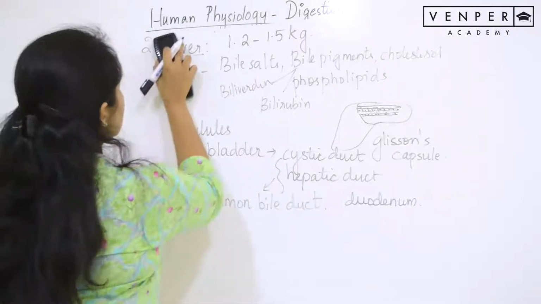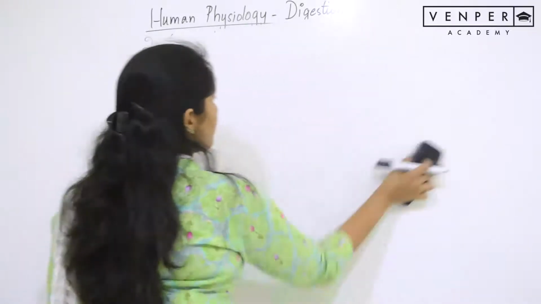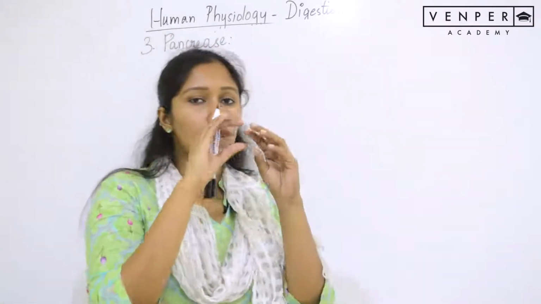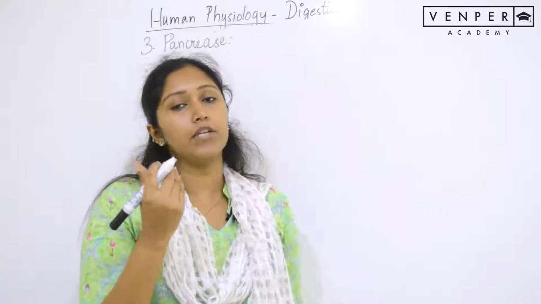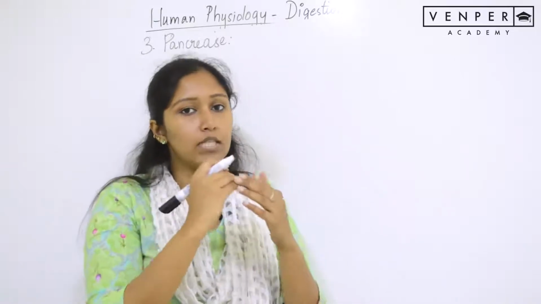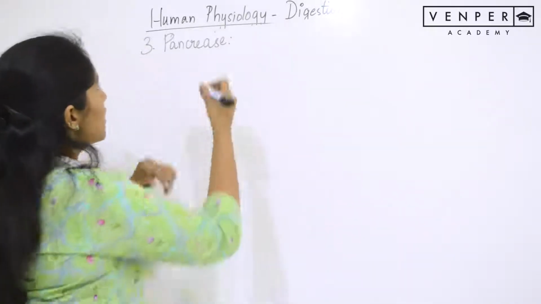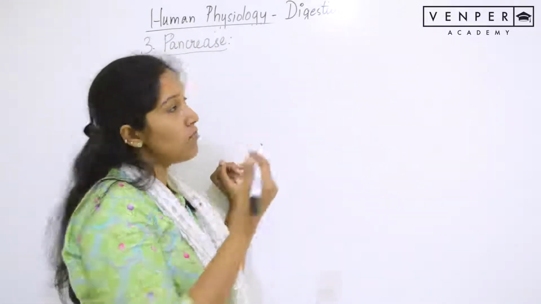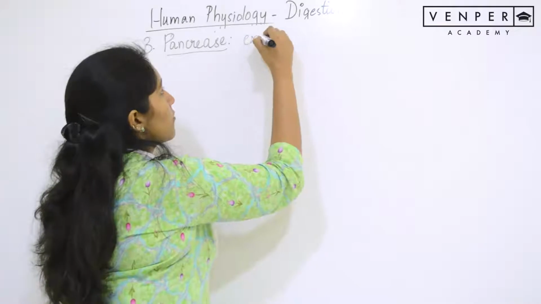And the next one is the pancreas. So the pancreas is a small, thin, long organ that you find just below the stomach. The pancreas is very special because it has both an endocrine part as well as an exocrine part.